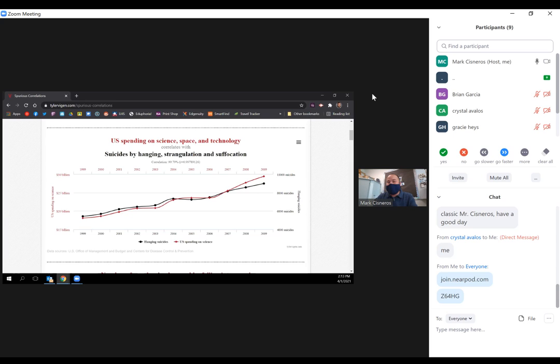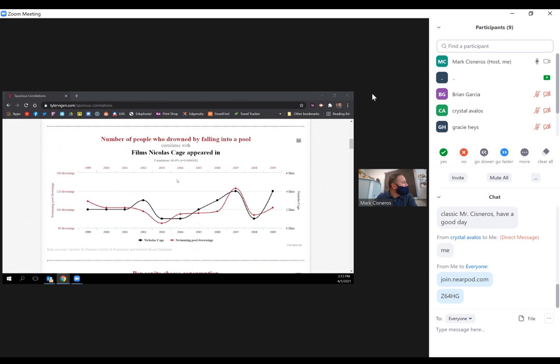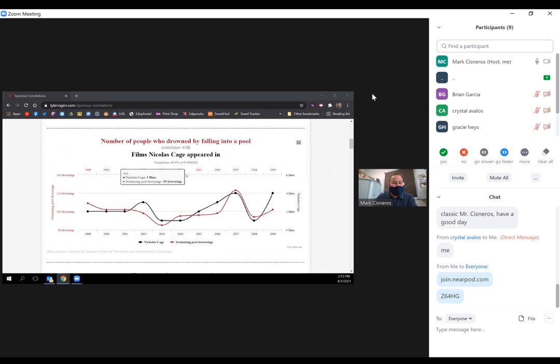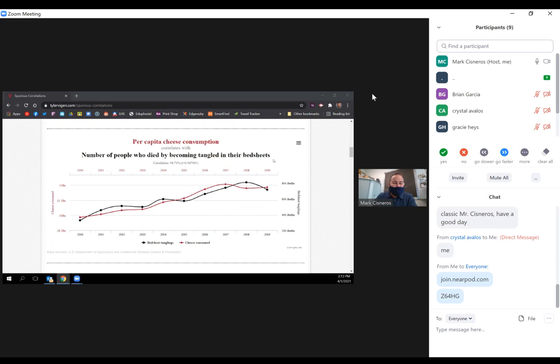I can manipulate data a little bit if I wanted to make things look like they're correlated. What about this one? Number of people who drowned by falling into a pool and films Nicolas Cage appeared in. That's pretty correlated. Doesn't mean that one caused the other. Per capita cheese consumption and the number of people who died by becoming tangled in their bed sheets.